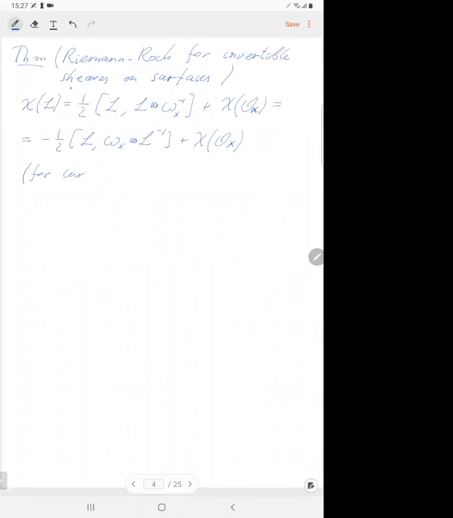For curves, we had just a linear term, degree of L plus some constant, 1 minus G. Right. So it's some general phenomenon. I mean, if we consider, say, line bundles on a 3-dimensional variety, then its Euler characteristic will be given by some cubic formula, and so on.